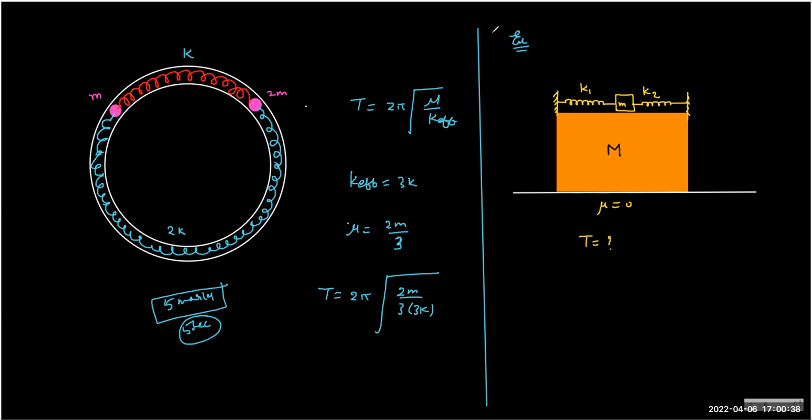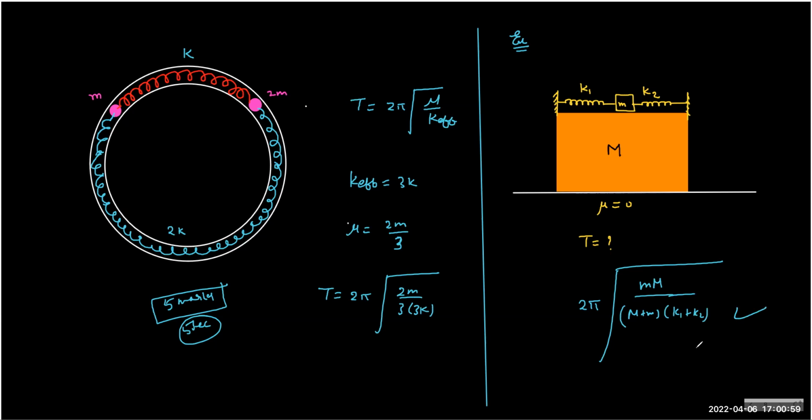Yeah, tell me what is the answer? Time period or omega? Time period: 2 pi root under small m capital M divided by (m plus M) into (k1 plus k2). And that's the right answer.